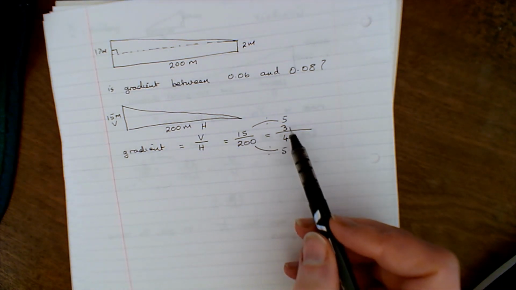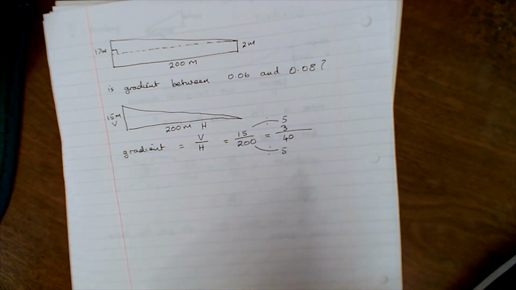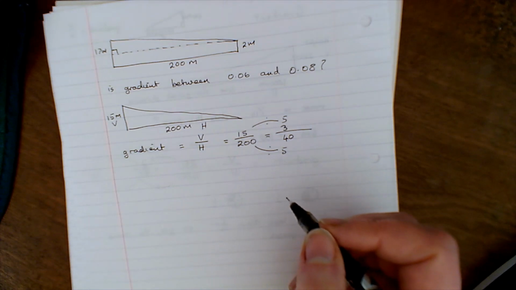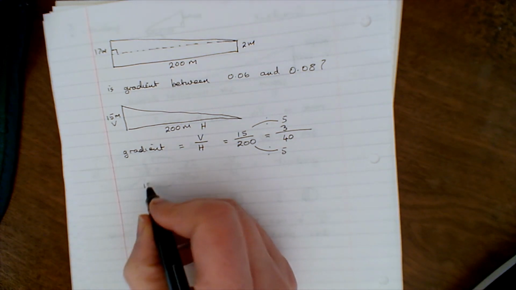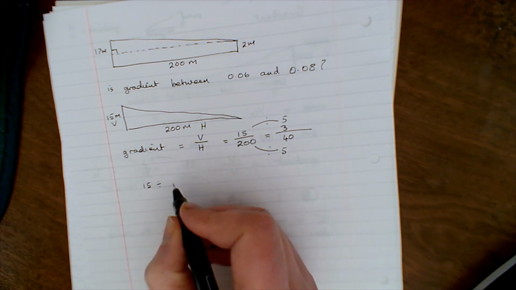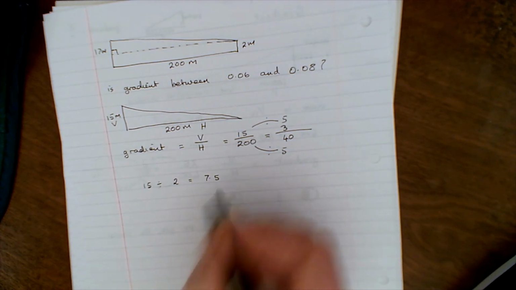There are 3 5s in 15, there are 40 5s in 200, but actually I think I would almost be more inclined to say, well, 15 divided by 2 would equal 7.5.